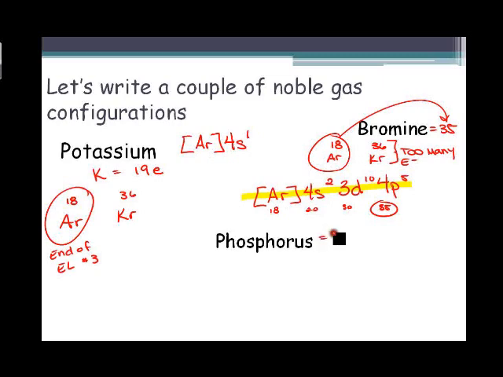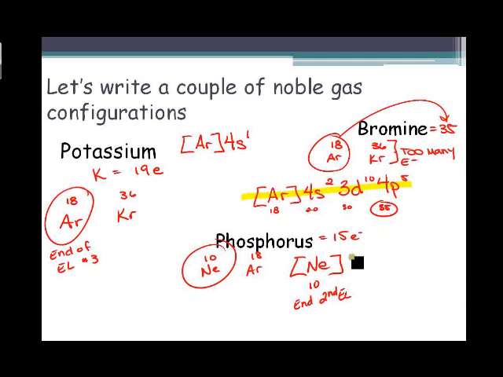Phosphorus. You have 15 electrons. Our two noble gases that are closest are neon with 10 or argon with 18. Neon is the closest noble gas without going over, so we put it in the brackets. Neon takes care of our first 10 electrons. It's at the end of the second energy level.